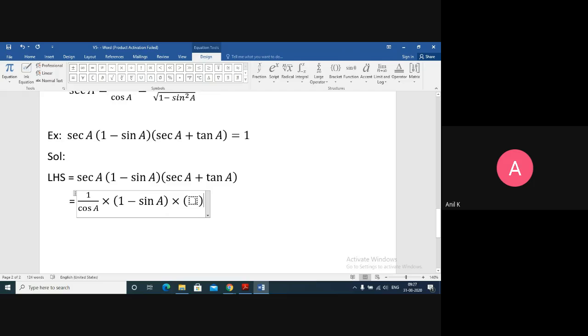How do I simplify? Sec A, I'll write it as 1 upon cos A plus tan A, which can be written as sin A upon cos A. Can we do that?